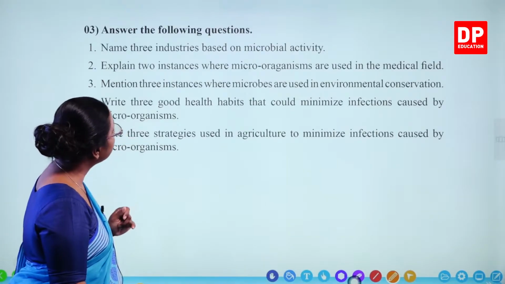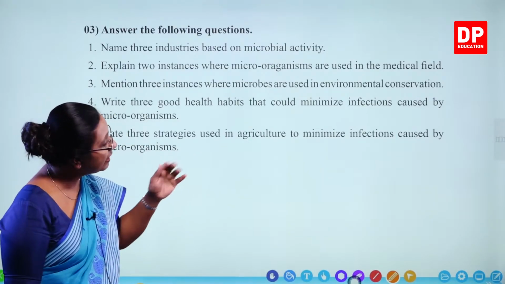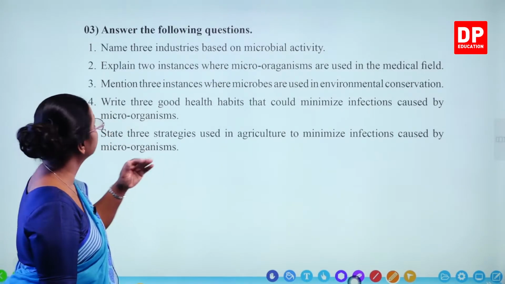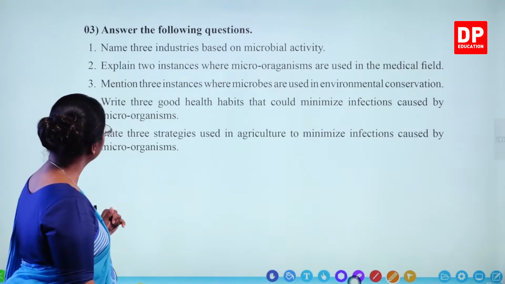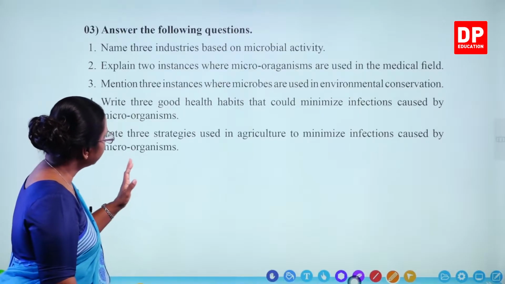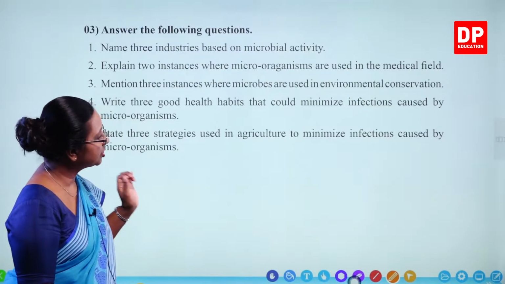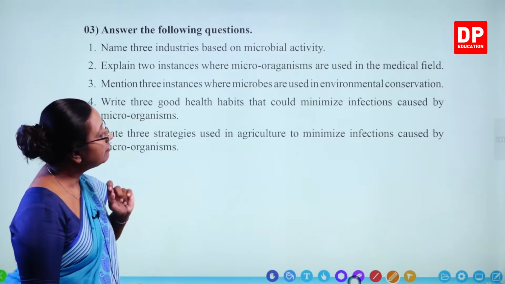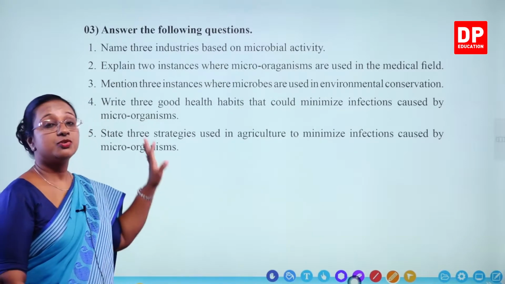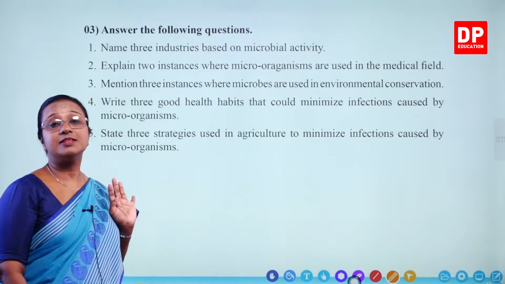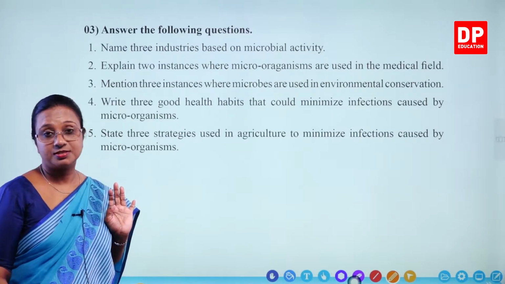Then write 3 good health habits that could minimize infections caused by microorganisms. And the last one, state 3 strategies used in agriculture to minimize infections caused by microorganisms. So, you have to write the answers for all these questions.